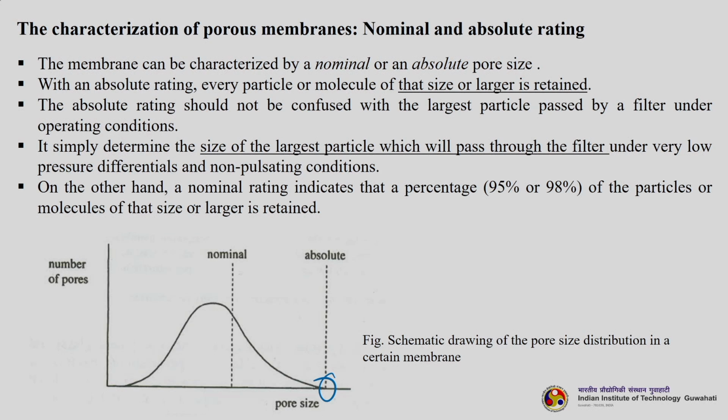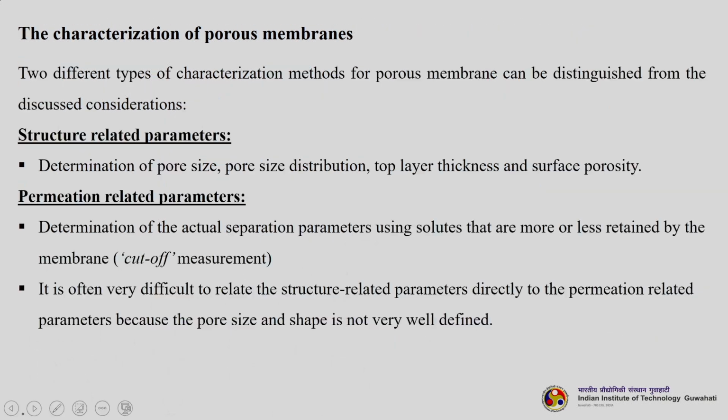On the other hand, a nominal rating indicates that 95 to 98% of the particles are retained on the surface of the membrane. So, when you talk about the characterization of porous membranes, we characterize two different things. The first is structure related parameters, which are pore size distribution, top layer thickness and surface porosity, and then permeation related parameters.